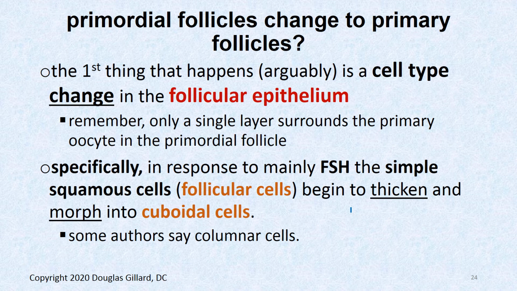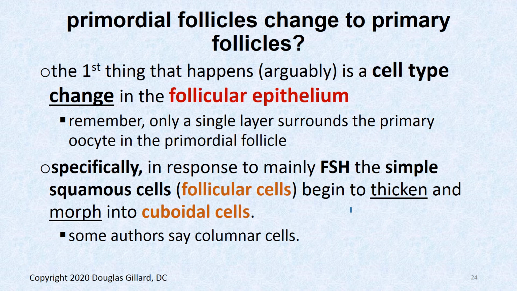Okay, so now we're going to say goodbye to the primordial follicles, and we're going to meet the primary follicle. Don't get those two words mixed up. So the first thing that happens is a cell type change. Now this is controversial, but when do you have a primordial follicle versus a primary follicle? What's the change that has to occur to create a primary follicle from a primordial follicle?